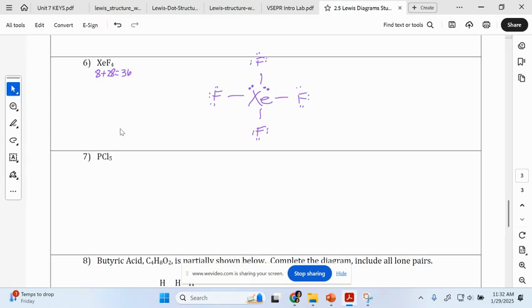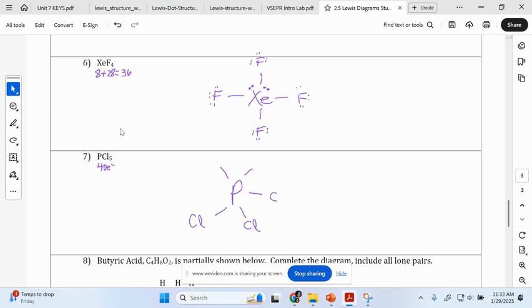All right. Phosphorus then, 5, and then 7 times 5 is 35 plus the 5 gives us 40 electrons in play. Again, phosphorus is period 3 or higher, so it can expand its octet, so it can take in all of these chlorines.